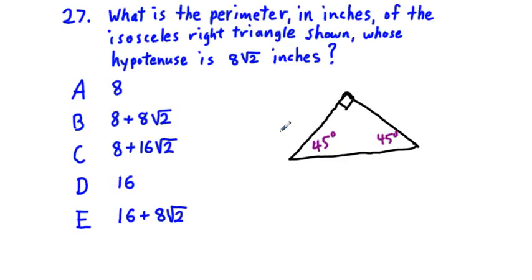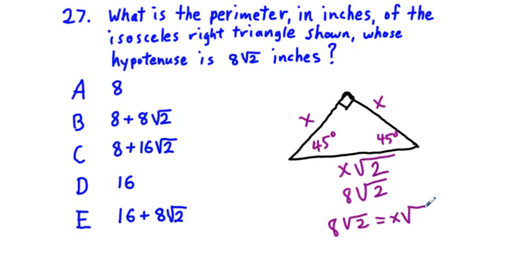And we might remember from geometry class that the configuration for the sides of an isosceles right triangle is x, x, x square root of 2. And the hypotenuse here is 8 square root of 2 inches.